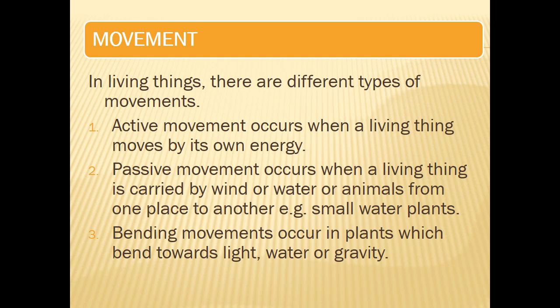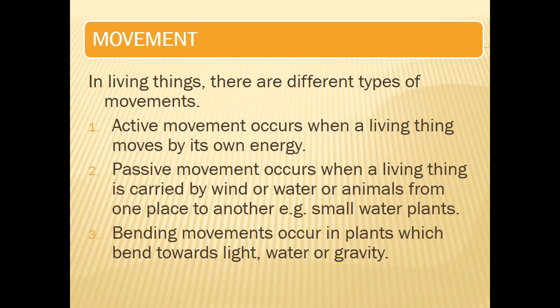Number 2, passive movement occurs when a living thing is carried by wind or water or animals from one place to another, e.g., small water plants. So passive movement is the opposite of active movement. You call it passive movement.